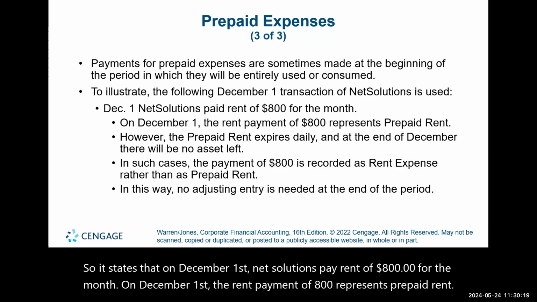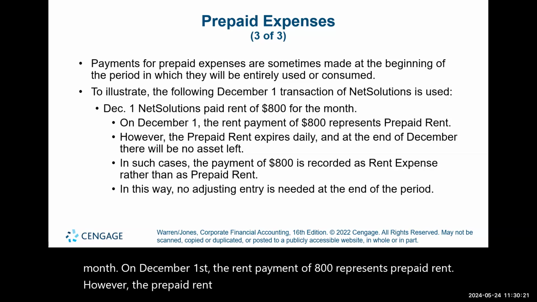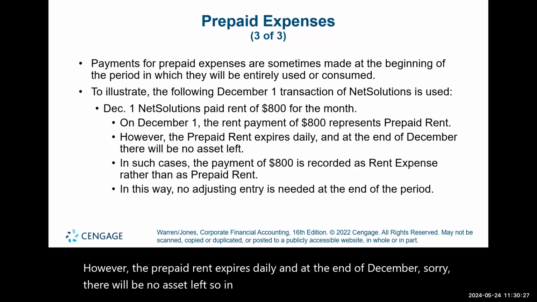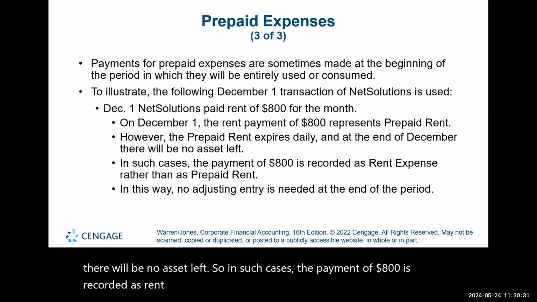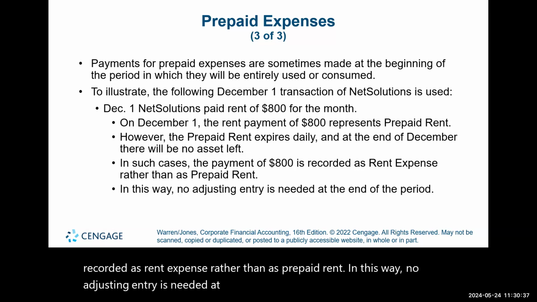However, the prepaid rent expires daily, and at the end of December, there will be no asset left. So in such cases, the payment of $800 is recorded as rent expense rather than as prepaid rent. In this way, no adjusting entry is needed at the end of the month.